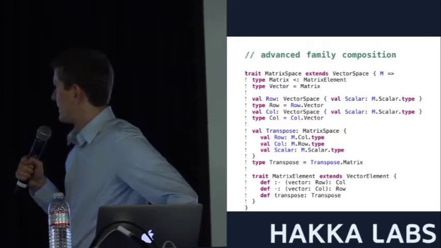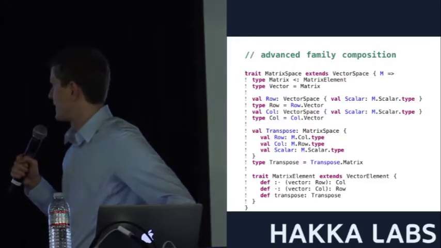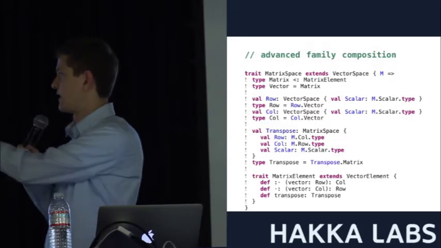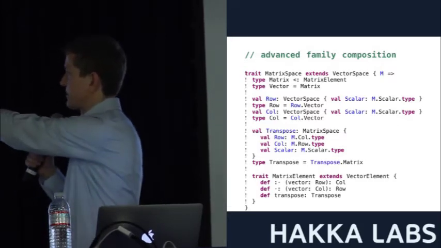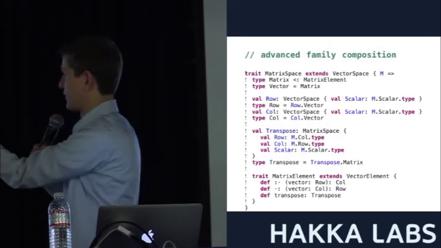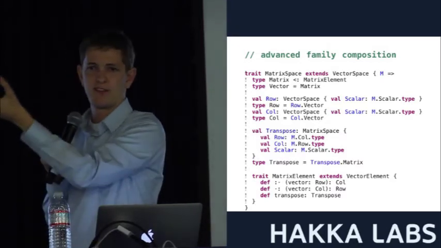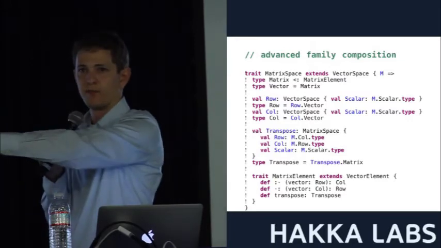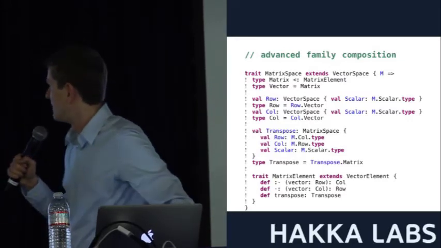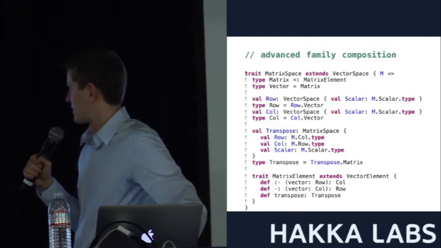And like with the vector space, we can define row to be row.vector. So vector is that abstract type in vector space, and row is the path on which we depend, saying, hey, all the vectors in the row space come from this source. And we do the same for col.